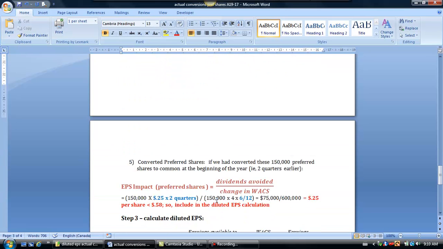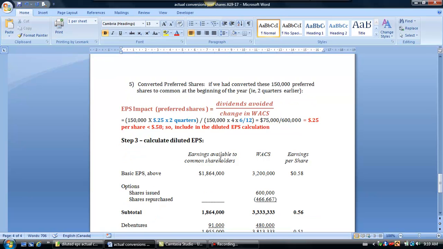Now I want to look at the preferred shares that I converted. So we look at all of them. If we had converted those 150,000 shares that we converted on July 1st at the earliest available opportunity, which would have been January 1st, I would have avoided dividends of 25 cents a quarter for the first 2 quarters.